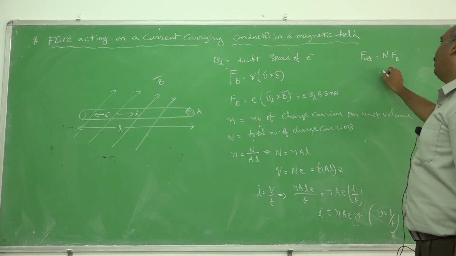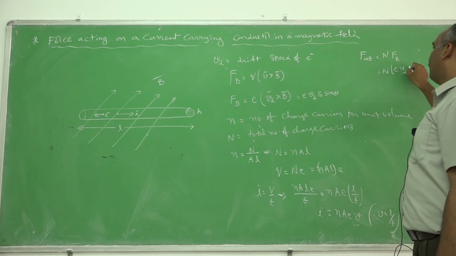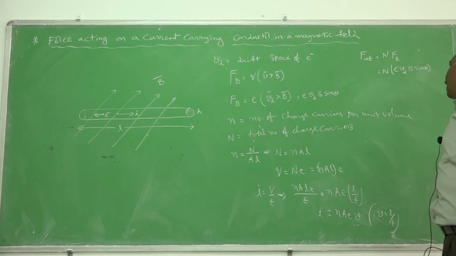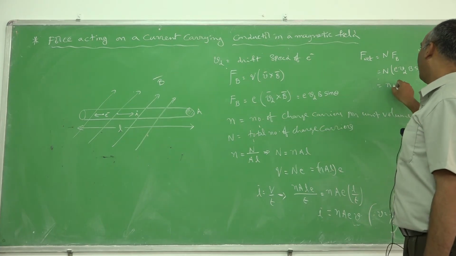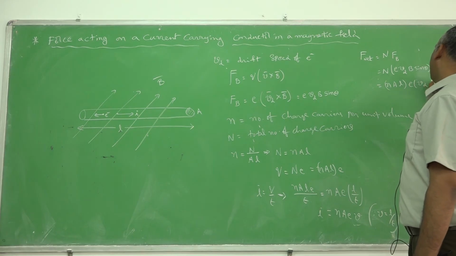So n into e vd B sin theta, where N means small n AL, gives nAL e vd B sin theta.